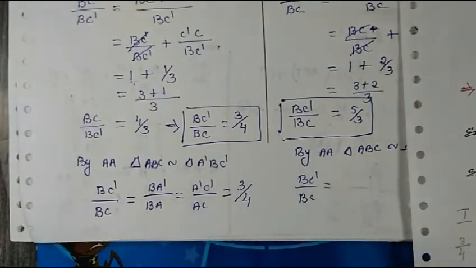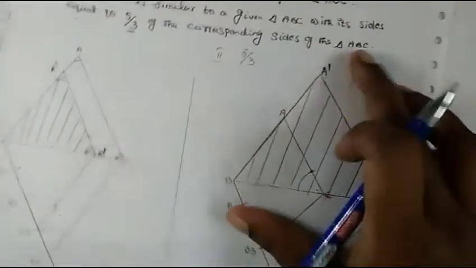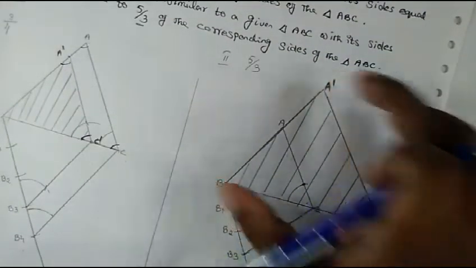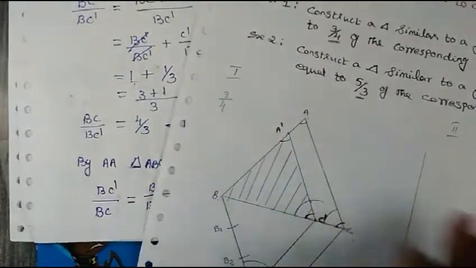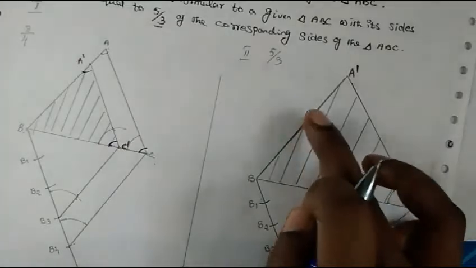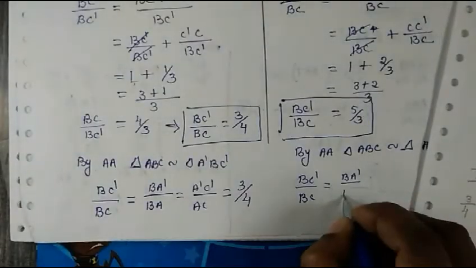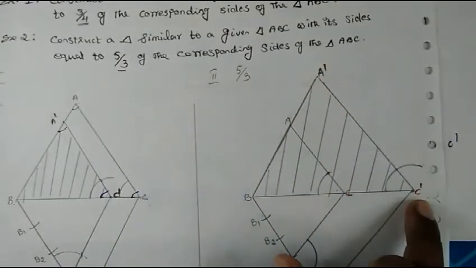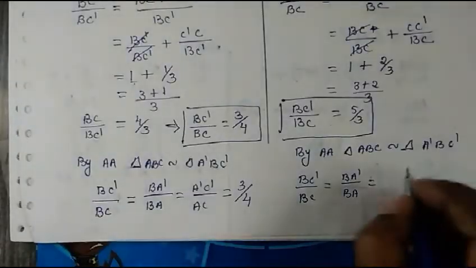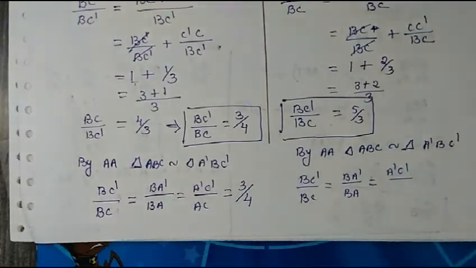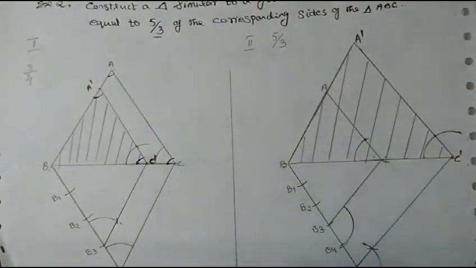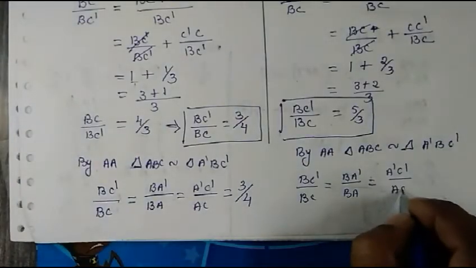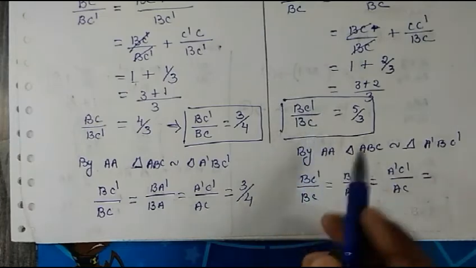BC is equal to, now this side, the bigger triangle side is BA dash upon the smaller triangle side BA, is equal to, now this side, the bigger triangle side A dash C dash upon the small triangle side AC, will be equal to BC dash upon BC.